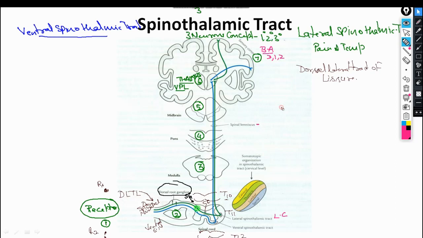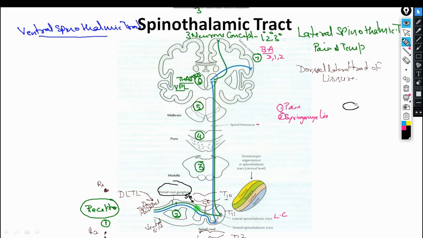One clinical is regarding the pain, and the other is syringomyelia. So these two important points we are going to see, what they are and how they happen.